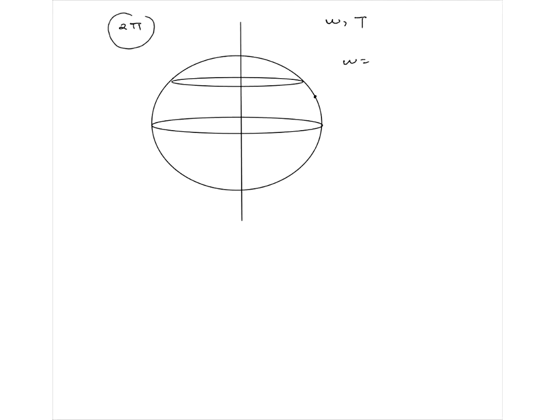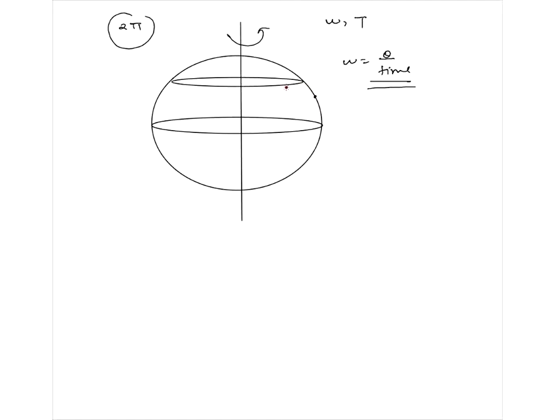Omega is theta upon time. So angle is same for everybody. When a solid object rotates with some angular speed omega, everybody inside it rotates at the same omega, not only on the surface, but inside it also.